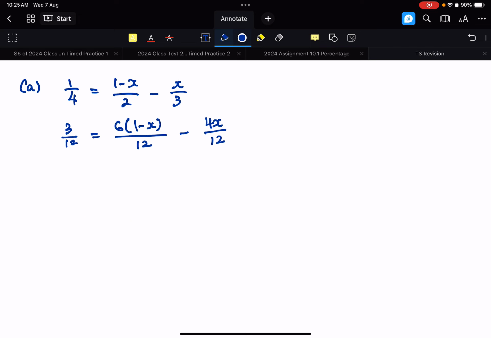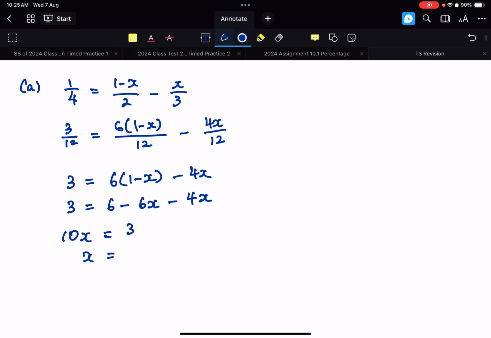All good? So all the denominators are common. That means 3 multiplied by 12 throughout, 3 equals 6, 1 minus x minus 4x. Simplify this, we have 6 minus 6x minus 4x. So 10x equals 3, x equals 3 over 10.